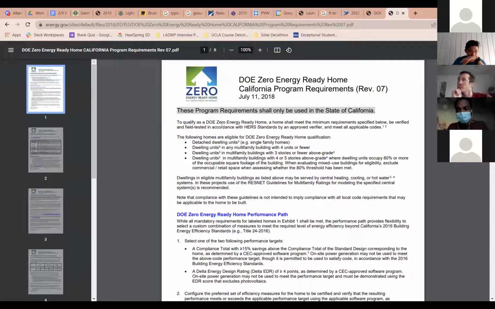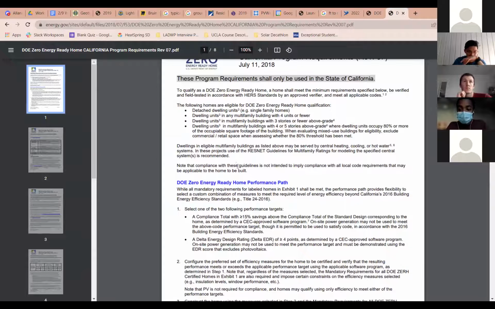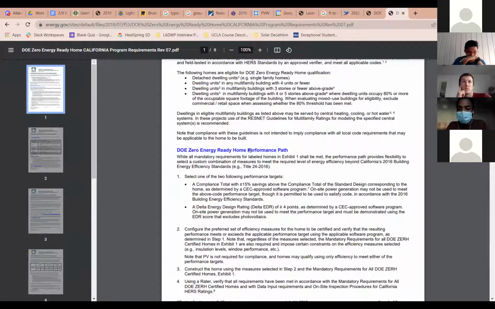If I had to guess, I would assume it's because California's implementations on energy efficiency might be a little more stringent or may exceed the national ones to some extent, so they have their own defined requirements for this program. There's one path presented to us here, the performance path.